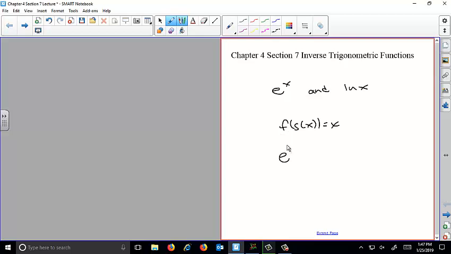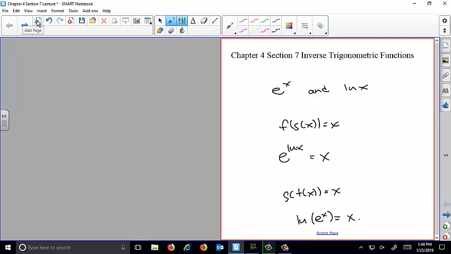So e to the natural log of x is equal to x. And the other way, g of f of x is equal to x. So that's the natural log of e to the x, which is just x again. So those are mathematical properties of inverse functions, and we have similar ones for trig functions.